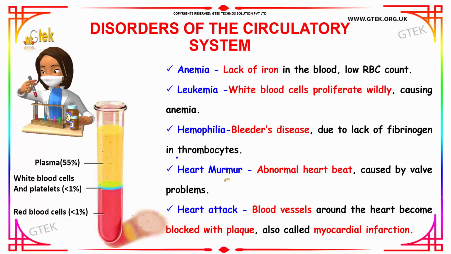Next we have the heart murmur, which is commonly known as abnormal heartbeat, and it is caused by valve problems. So if the valve is subjected to some problem, it leads to the heart murmur.